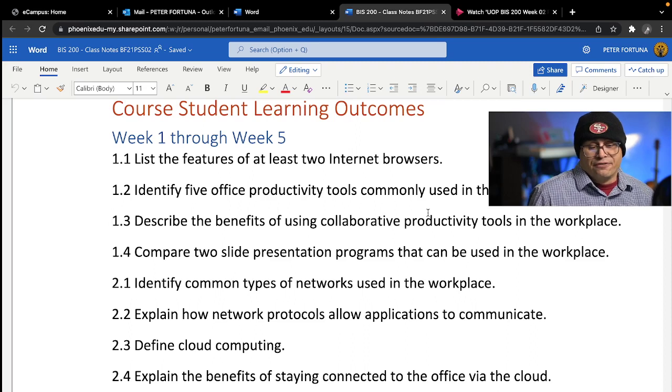The second of four is 1.2, identify 5 office productivity tools commonly used in the workplace. So when you hear that one, think about the stuff that typical office workers do, right?